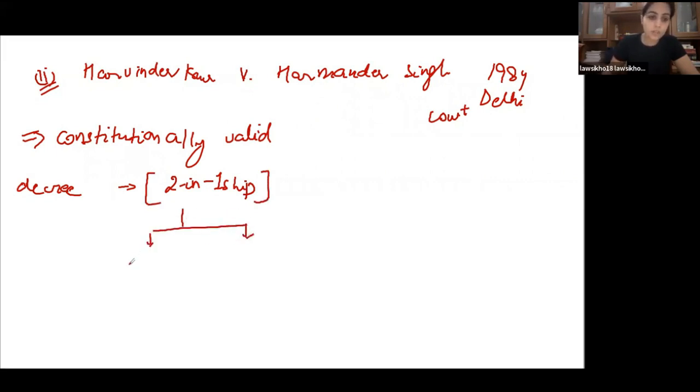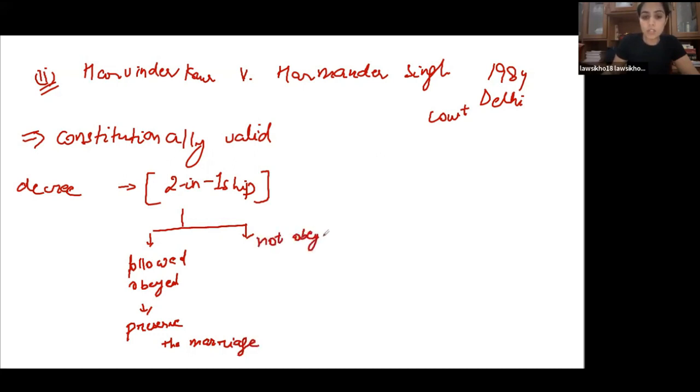If the decree is followed or obeyed, the parties ultimately start living together and it preserves the marriage. And if this decree is not obeyed by the spouses, this means their marriage has broken down and they have reached a stage of no return.